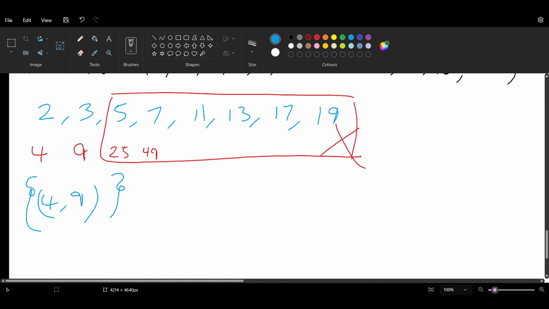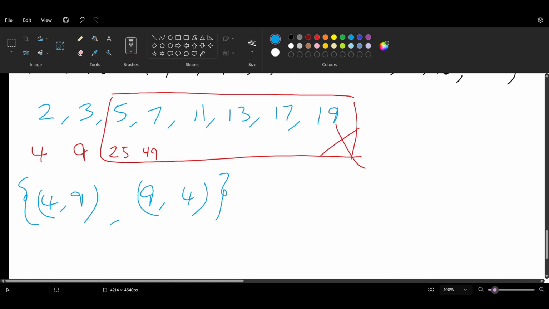All right. So this is the set, and I'm not sure if, wait. I believe we can also include this 4 and 9 and 9 and 4.